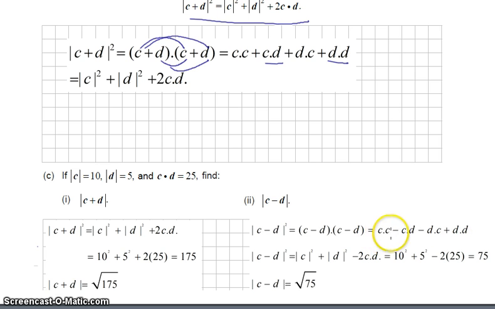C dot C is the square of the modulus of C, D dot D is equal to the square of the modulus of D, and CD equal to DC, hence we have minus 2CD. We substitute the values of 10, 5, and 25 into these expressions, and we obtain 75. Hence, the modulus of C minus D is equal to square root of 75.